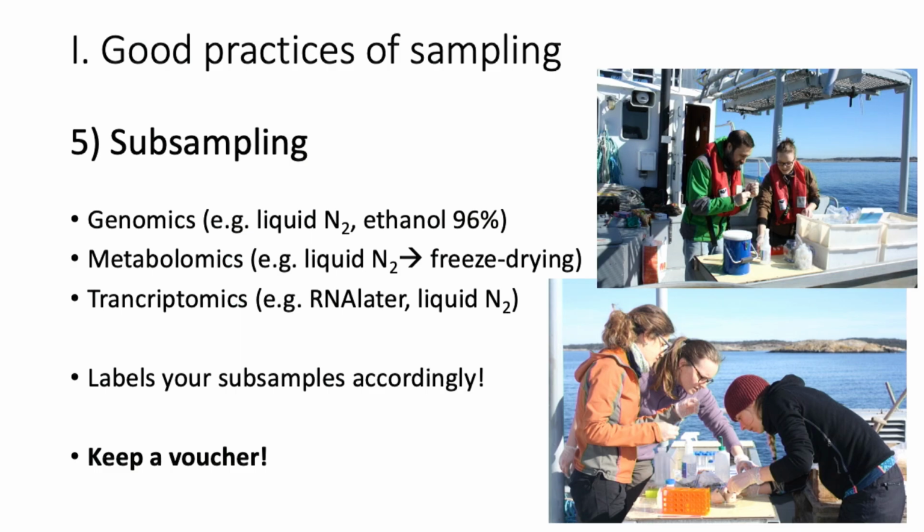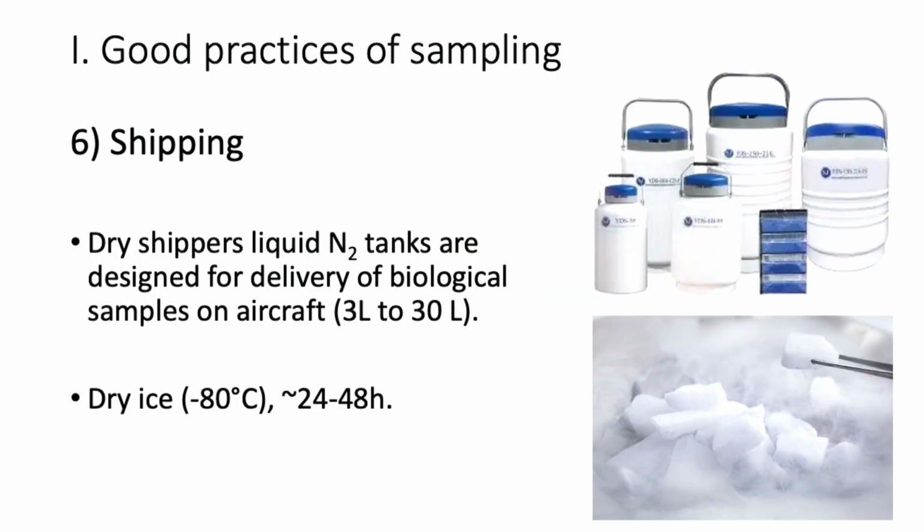And while you do that, always remember that in the end, you will need to keep a voucher of your organism. And I'm going to emphasize and stay on that idea for a while. But before that, I also want to stress the different types of equipment once your organism has been subsampled that can be used to ship that specimen to the sequencing facility.